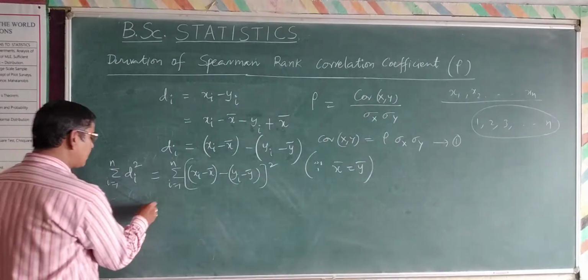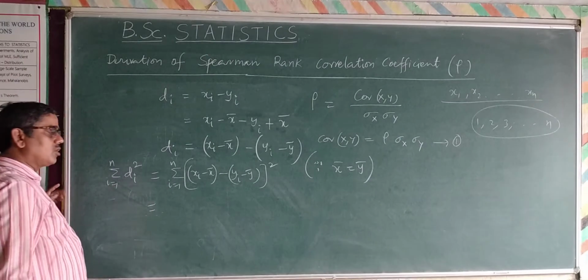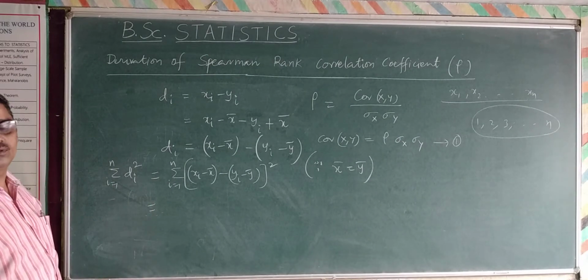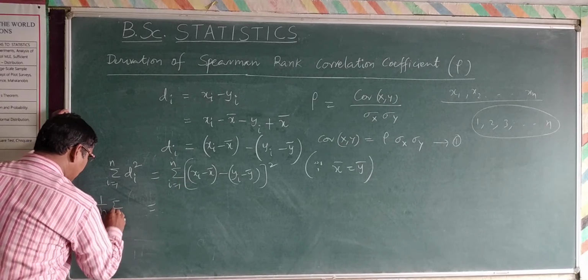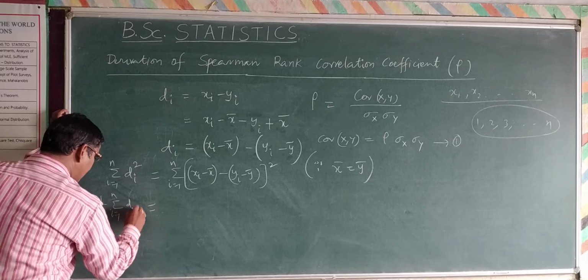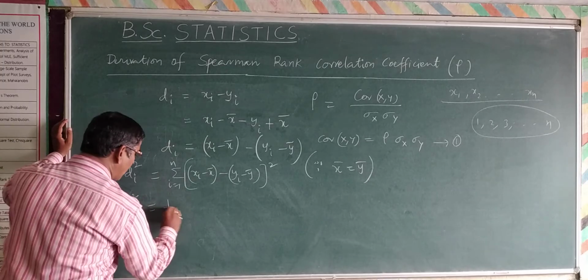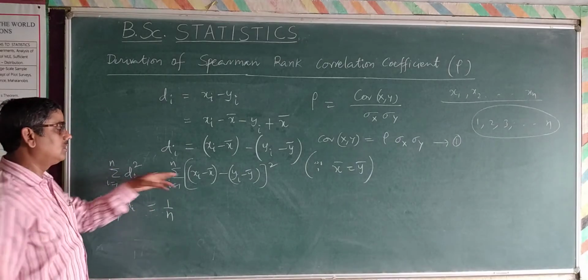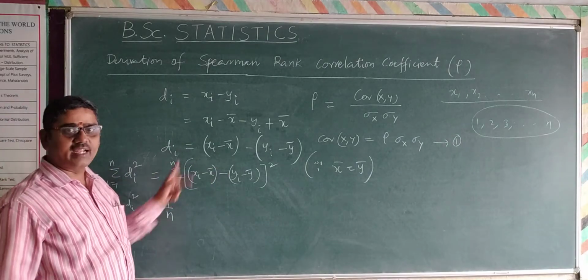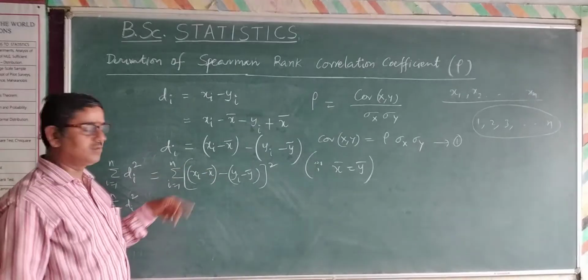Now you separate the terms here and also divide with n. So 1 by n summation i is equal to 1 to n di square is equal to 1 by n. Now we take the separated terms, square and take the summation.